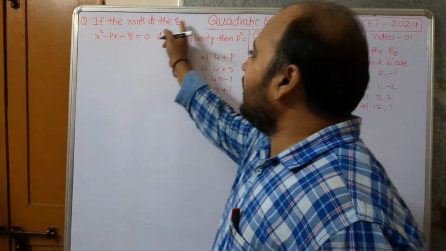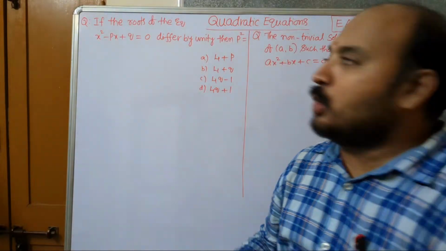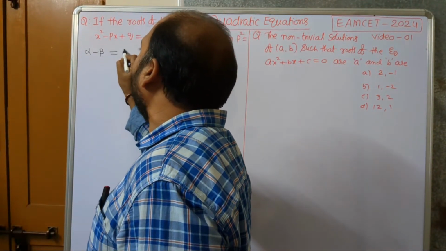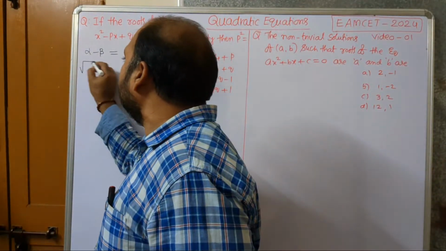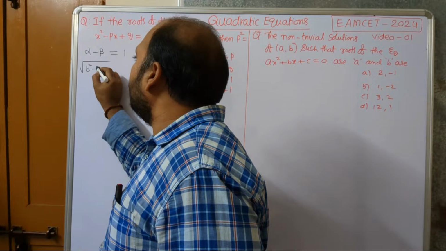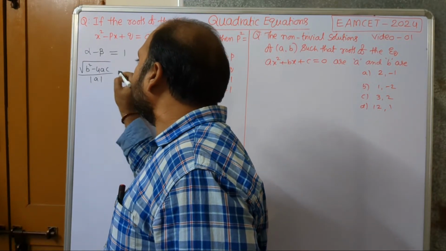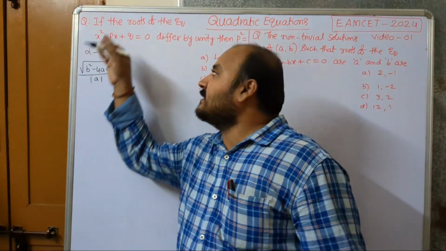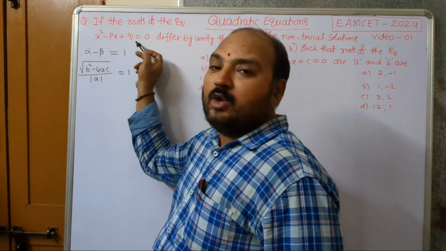If the roots of the quadratic equation differ by unity, that means the difference of the roots, alpha minus beta, is equal to 1. The formula for the difference of the roots is root of b square minus 4ac divided by mod a, equal to 1. Substitute the values: a value 1, b value minus p, c value q.